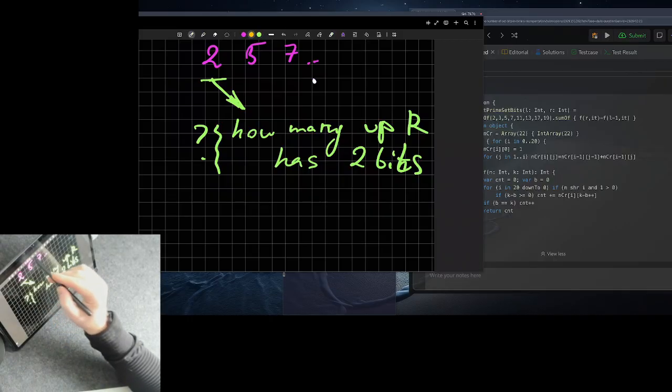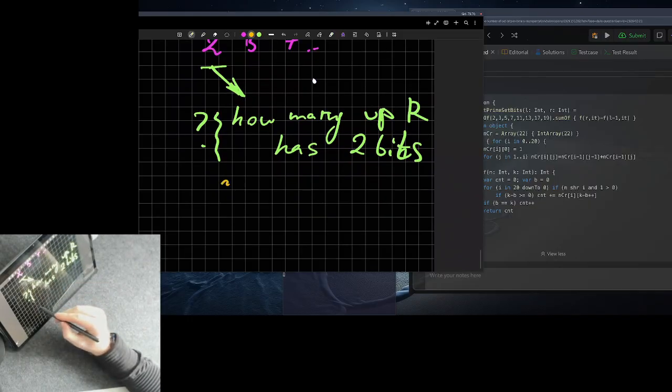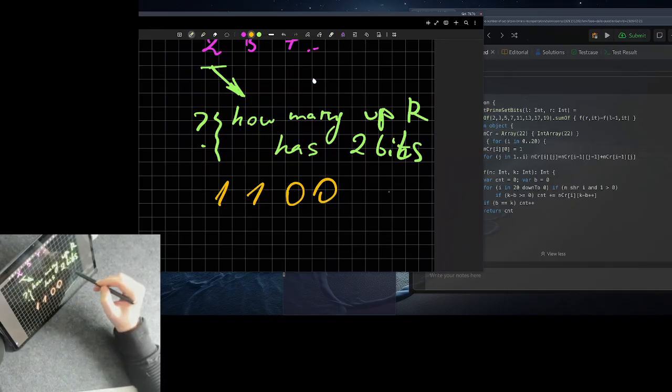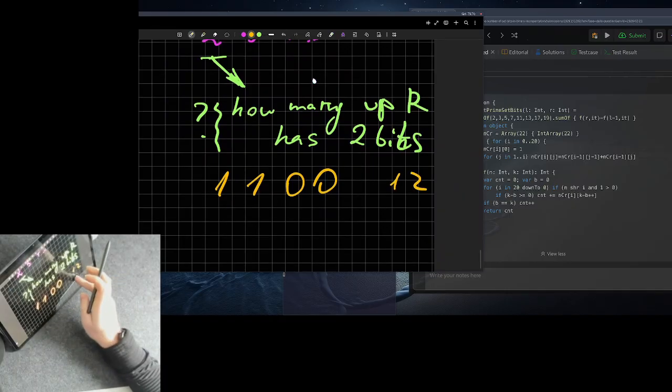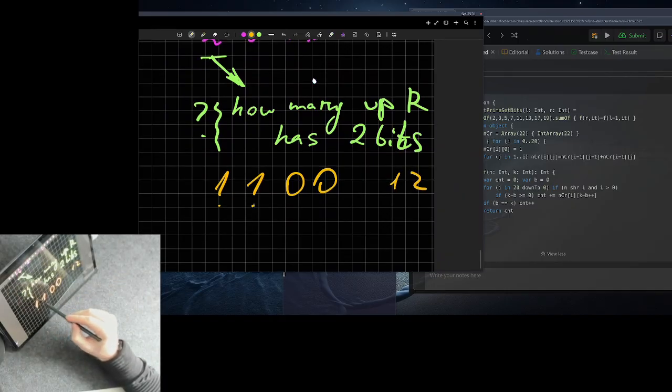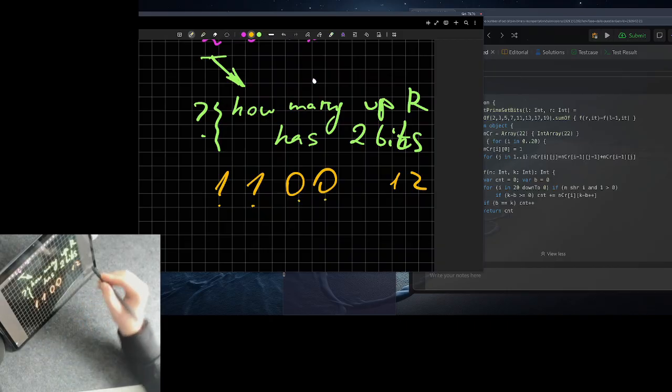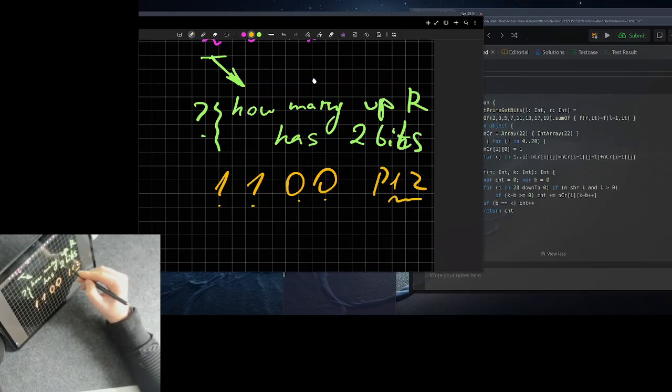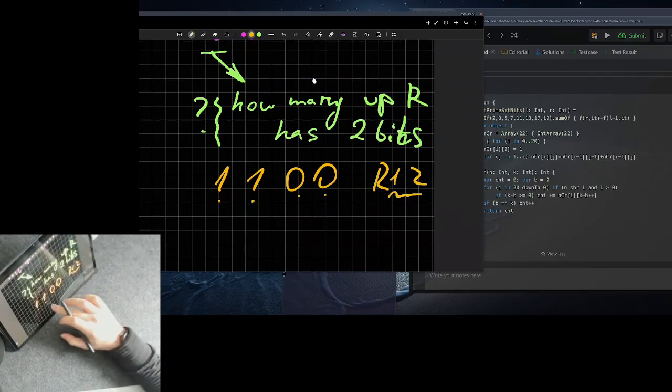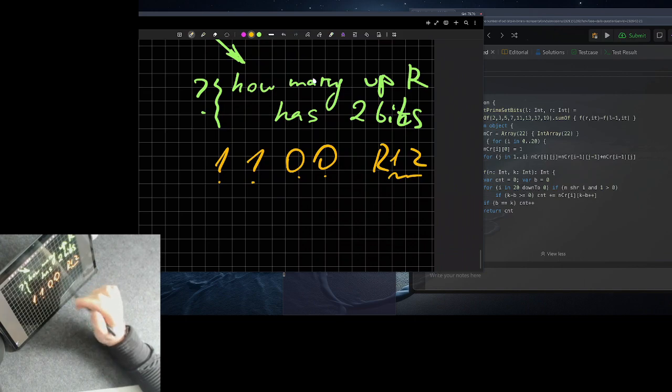Now the solution is, for example, we have the number 12. Its bits are 1100. Imagine we have to check up to 12, so R equals 12. How many numbers have the same count of bits, exactly 2?